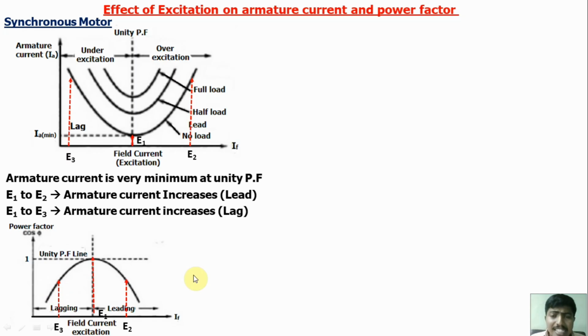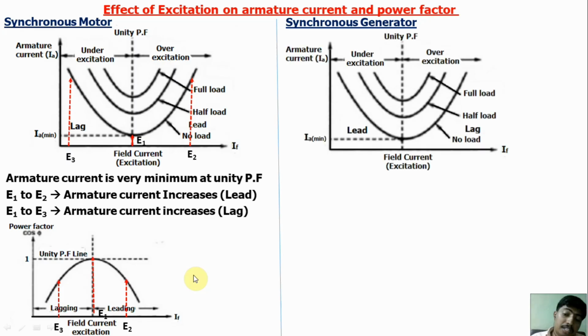For the synchronous generator, the characteristics are similar. It's also a U-shaped curve, but lagging and leading only change. For a synchronous generator, during the under excitation conditions, it will act as a synchronous generator, which supplies real and reactive power, so leading power factor.